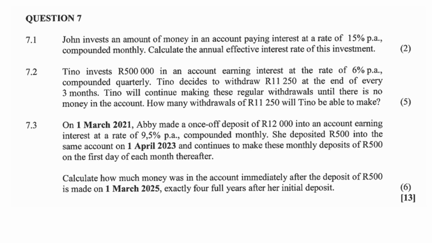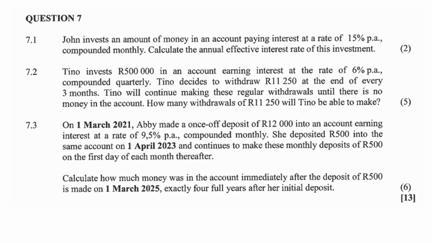Tino decides to withdraw 11,250 Rand at the end of every 3 months. Tino will continue making these regular withdrawals until there is no money in the account. How many withdrawals of 11,250 will Tino be able to make?